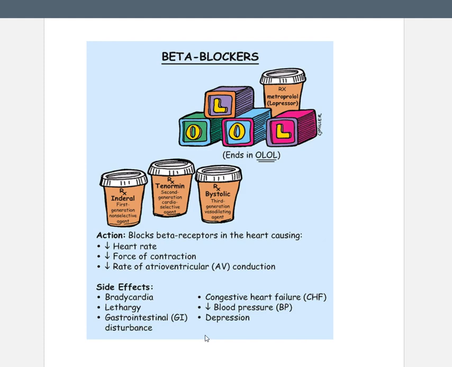Maybe they have that plaque or cholesterol building up in their coronary arteries, and they have to kind of live knowing that certain activities will cause them to have chest pain. And so these patients would definitely benefit from beta blockers.